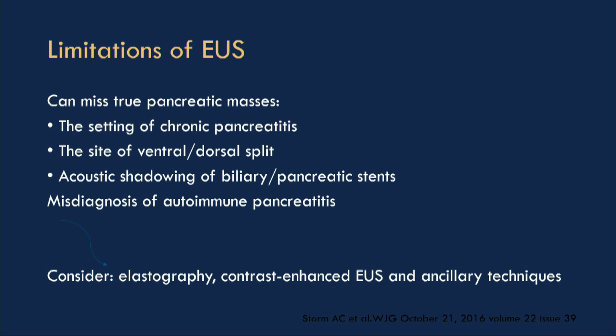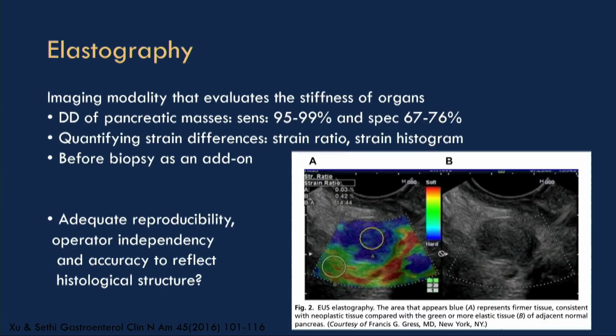In those cases, if possible, you can also use elastography, contrast-enhanced EUS, and so-called ancillary techniques. With that, I mean that your pathologist tries to do extra molecular testing and look for mutations like P53 and KRAS mutations.